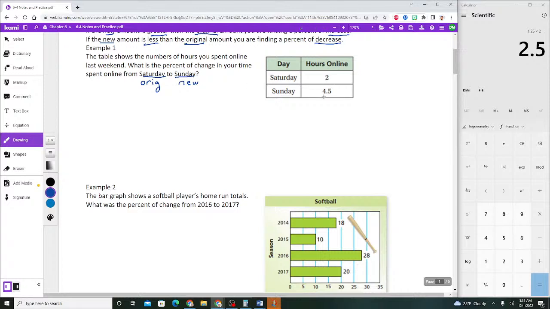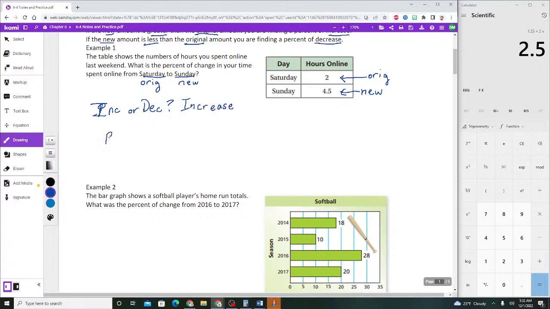In this case, the new value, 4.5, is greater than the original value. Because of that, we know that this is a percent of increase. So the first thing we decided was increase or decrease, and we're saying that this is an increase.